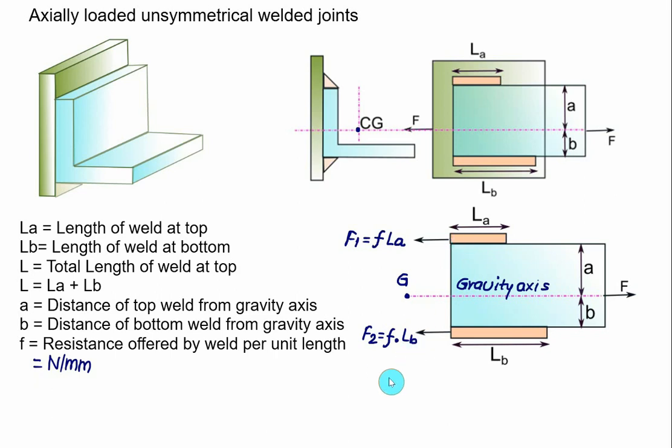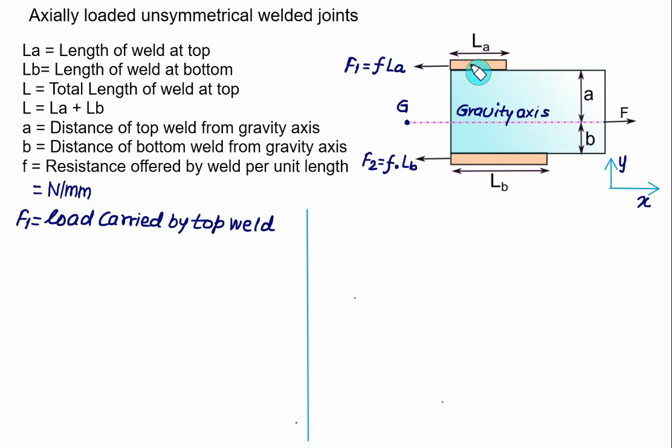The top weld will fail in shear, so we can calculate F1 as the load carried by the top weld. In shear, the area is equal to the throat T multiplied by the length of the weld LA, multiplied by the shear stress tau.